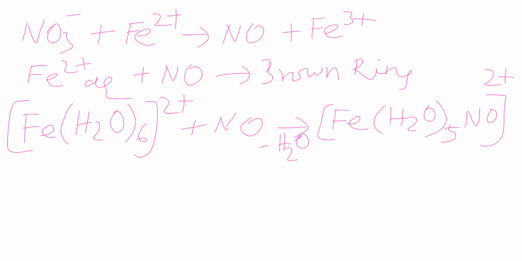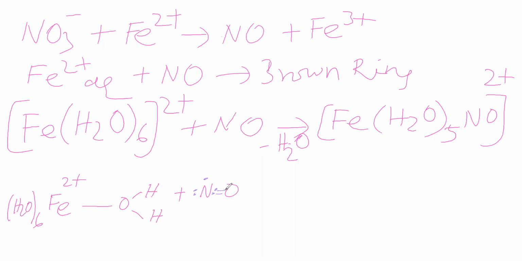Now we will see this complex. Take [Fe(H2O)6]2 plus: Fe has a 2 plus oxidation number and is coordinated with water molecules. Then take nitric oxide: nitrogen is in group 5A, so its valence shell has 5 electrons, and it makes a double bond with the oxygen.